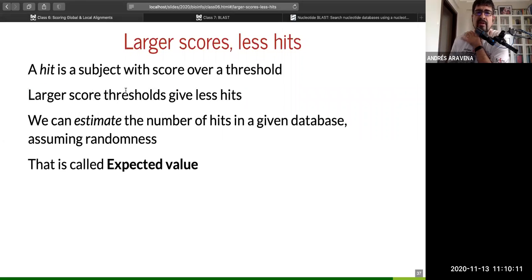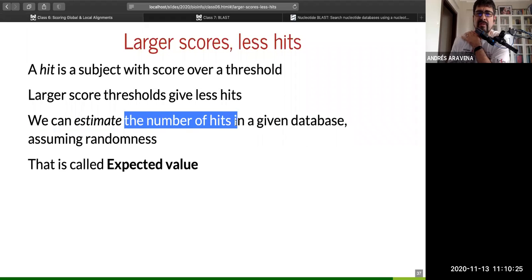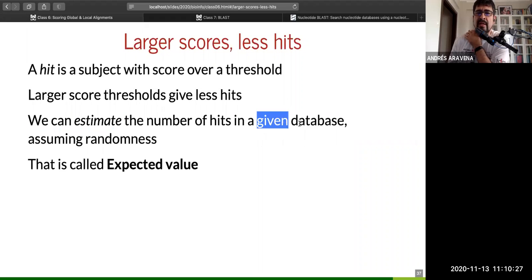The higher your score, the fewer hits, fewer results. Then, this is the interesting part. We can make an estimation. We can make an educated guess, a mathematical guess, of the number of results that you will get in a database, assuming that the database is random.